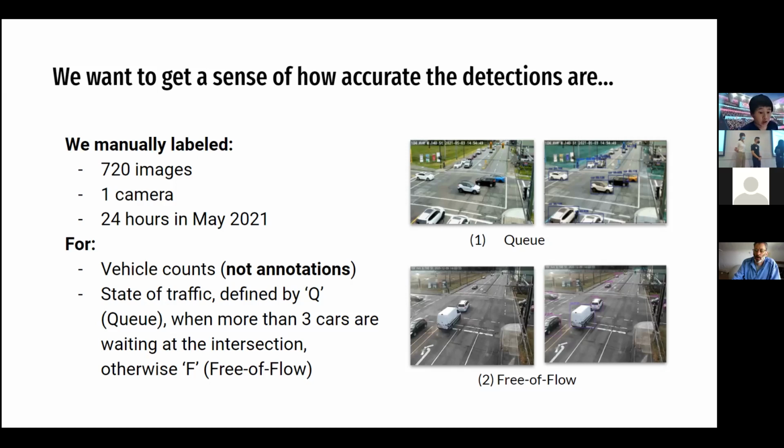That's an example of the image we're labeling. We labeled them for vehicle counts and also the state of traffic, defined as queue or free flow. Queue is defined as when more than 3 cars are waiting at the intersection, and free flow is basically when the cars are flowing freely. One thing to note is that we labeled them for vehicle counts, but not annotations.